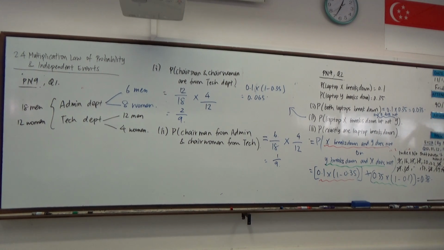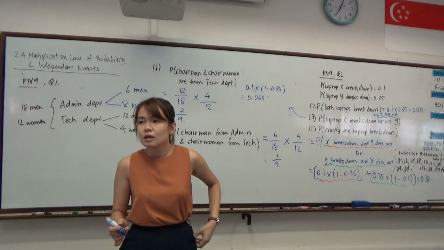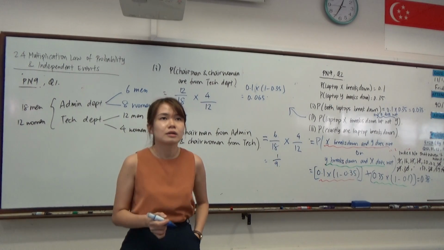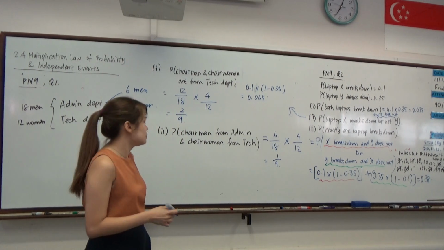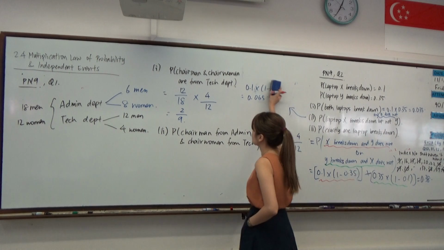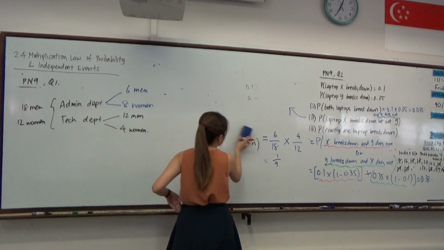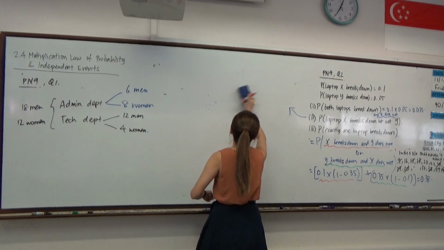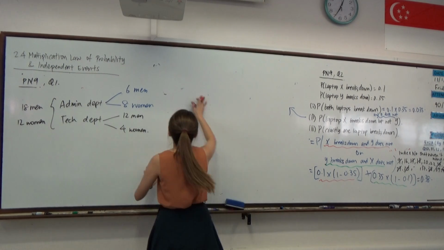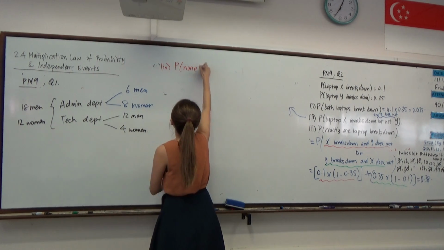Is it possible to find the probability that none of it breaks down, then 1 minus the probability that 2 breaks down minus 2 doesn't break down? You said you want to find the probability that none of them breaks down. Maybe let's just do it together. Part 4, probability that none breaks down.